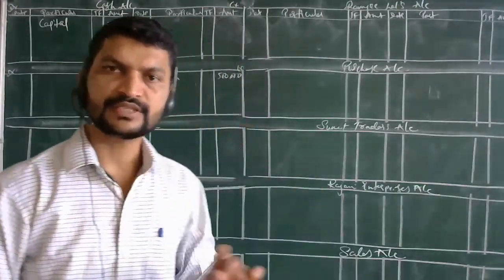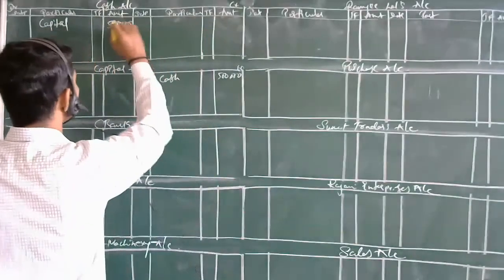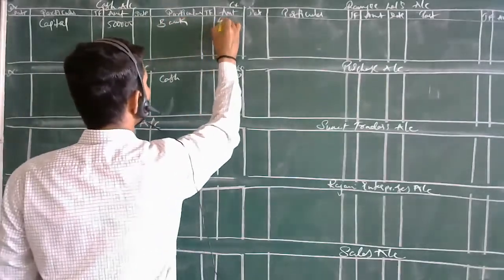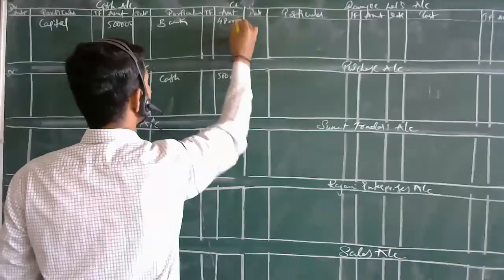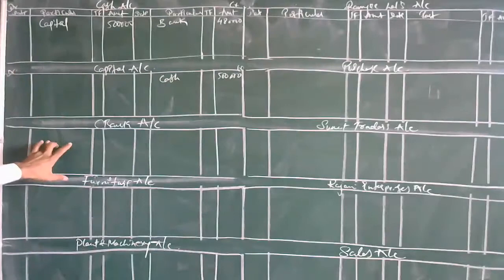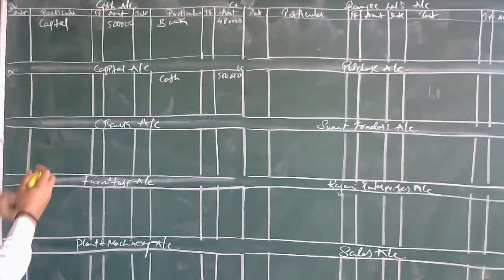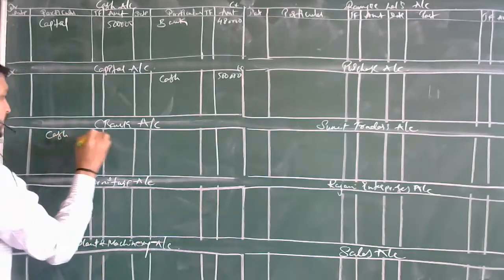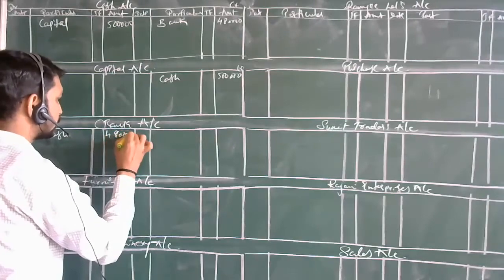Bank account, amount is 4 lakh 80,000. Then your bank account which has been debited, in the name of what are you going to pass the name? Cash. Cash rupees 4 lakh 80,000.